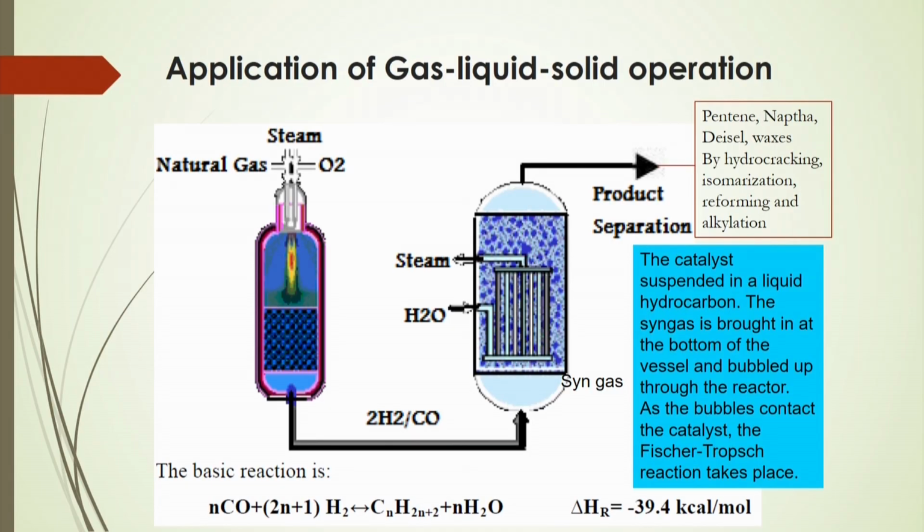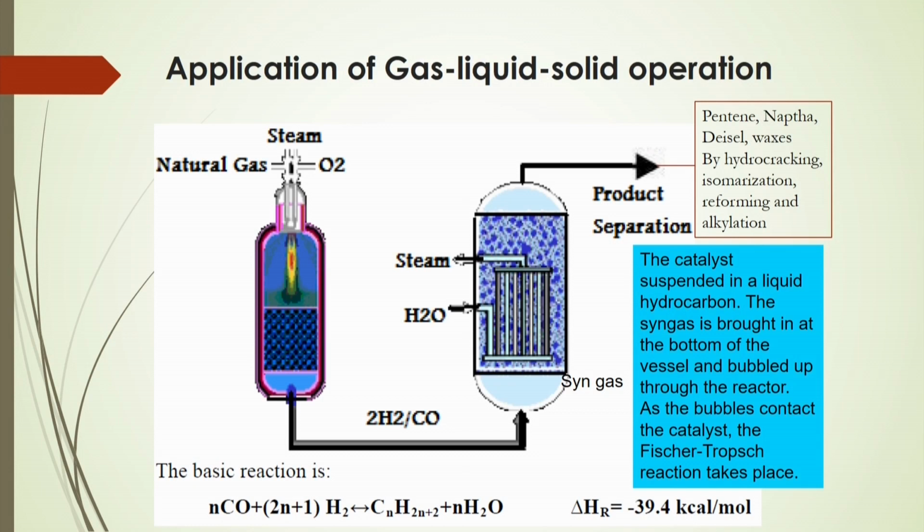Another application is called gas liquid solid operation. We are producing producer gas, for example from natural gas. From that producer gas we get different synthesis gases used in our daily life.